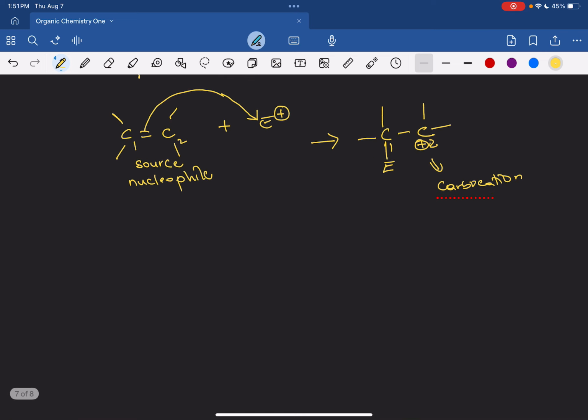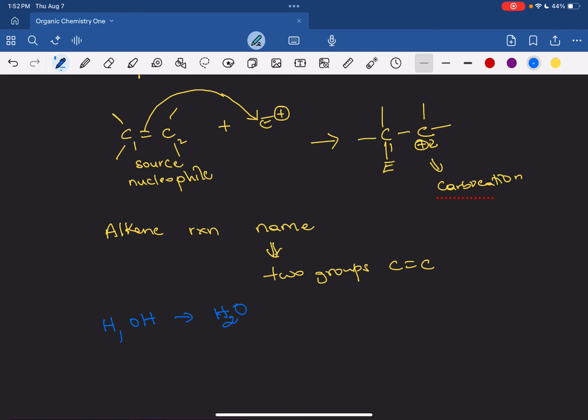Now, your alkene reactions, they also have names. Each reaction will have a name. The name is based on the two groups that get added across the carbon-carbon double bond. So for example, if you're adding a hydrogen and an OH, you're adding H2O, that's water. So that reaction would be the hydration of an alkene.